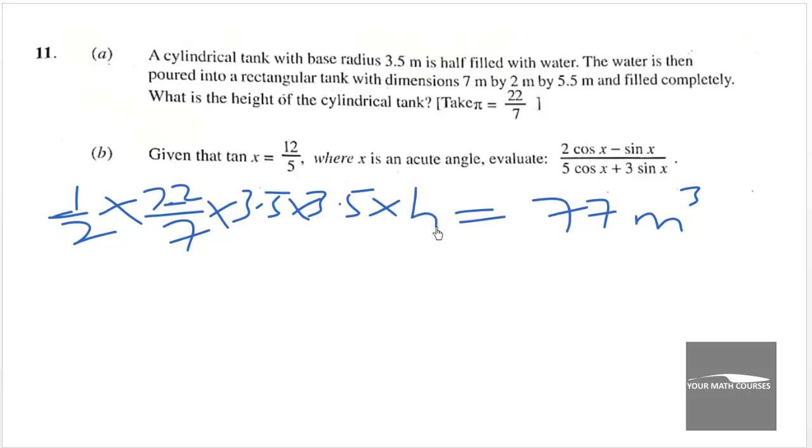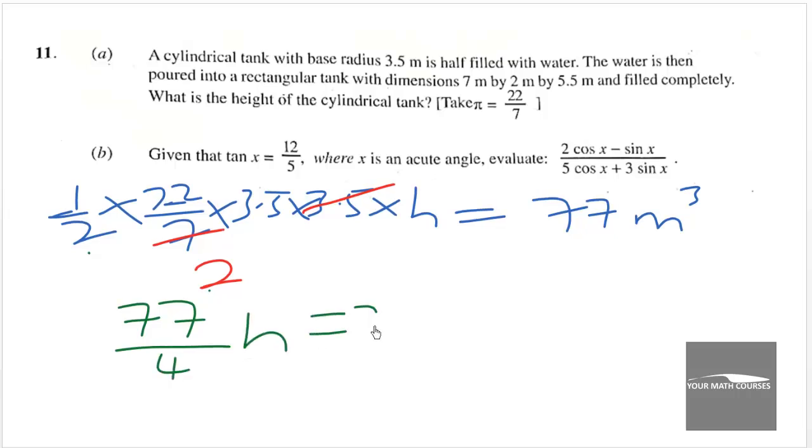We can cancel out a 3.5 against the 7, so we get 22 times 3.5, which is 77, over 2 times 2, which is 4, equal to 77.